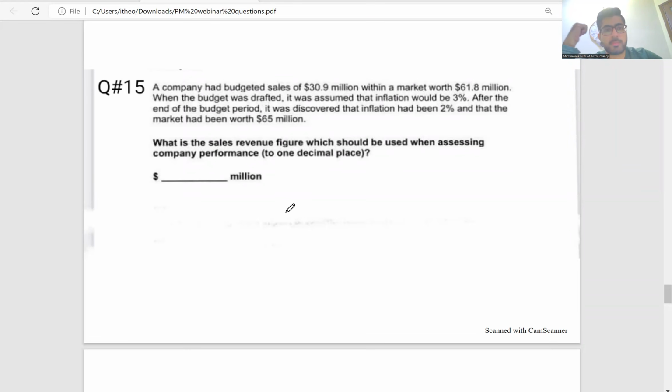Okay, so MCQ number 15 now. A company had budgeted sales of 30.9 million and market worth 61.8 million.